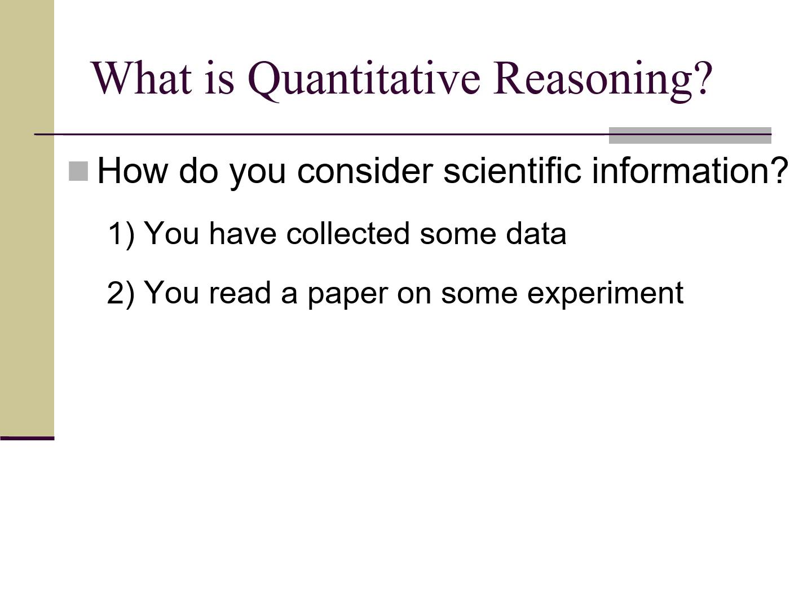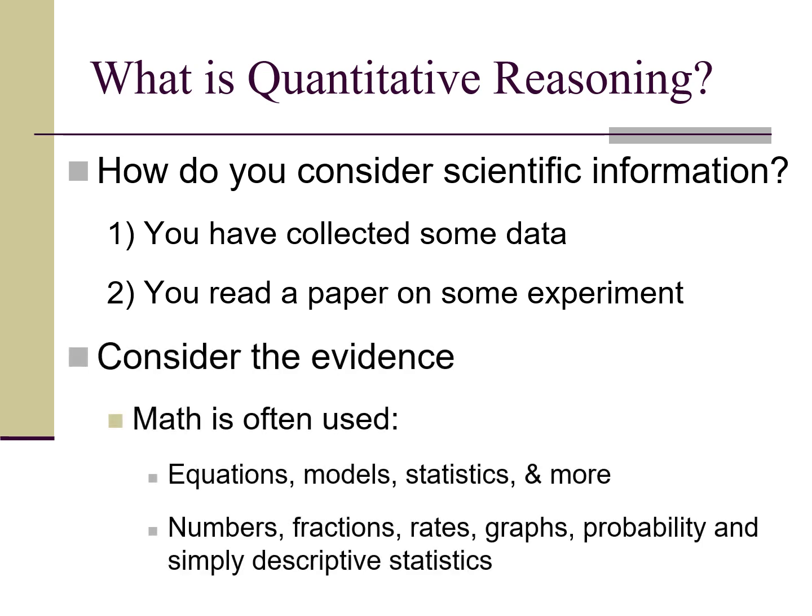So maybe you've collected some data, maybe you've read a paper on some experiment that describes data. In general, math is used in the sciences, whether it's equations or mathematical models, statistical descriptions of data, or hypothesis testing.